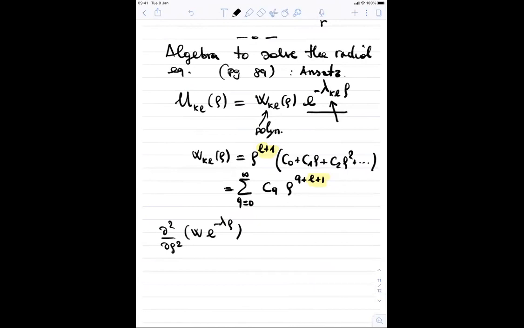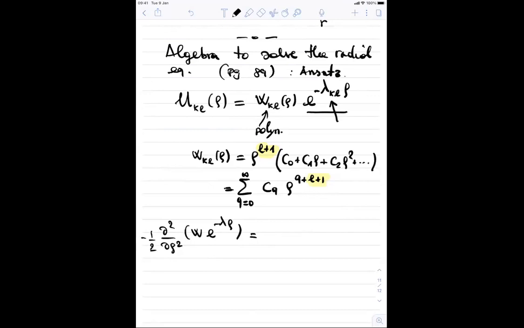So if I do this algebra, I will obtain something like this. Let me put the factor minus 1/2.